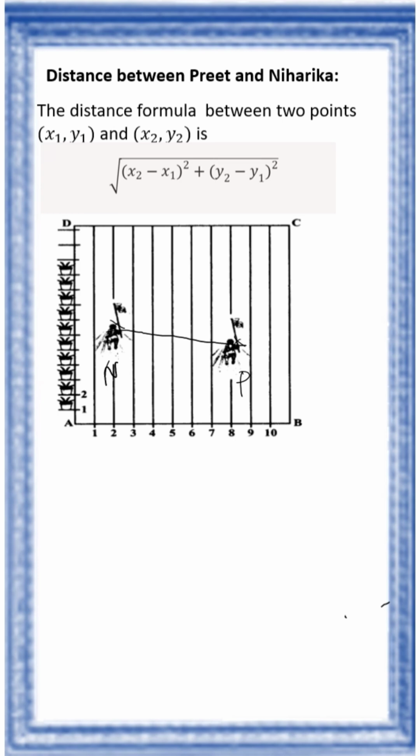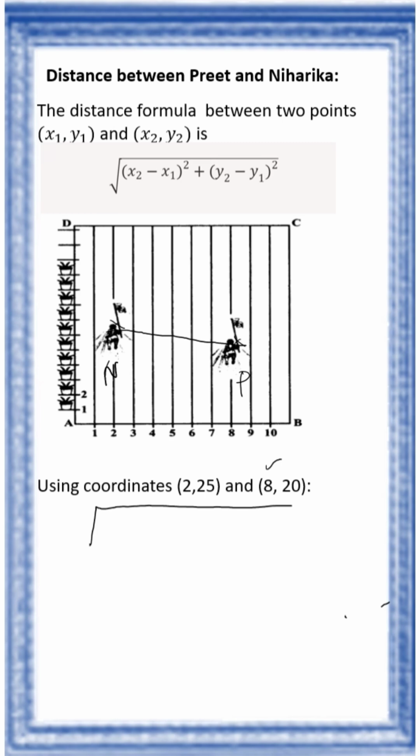So now let us substitute the points. The coordinates for Niharika are 2, 25, and Preet is 8, 20. Under root, x2 is 8 minus x1 is 2, the square, plus y2 is 20 minus y1 is 25.